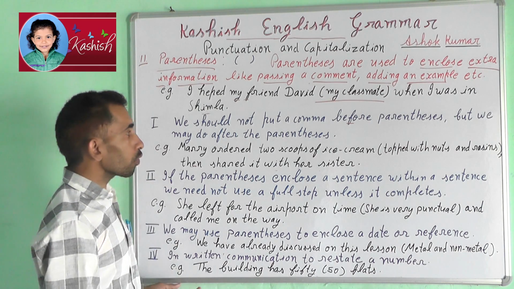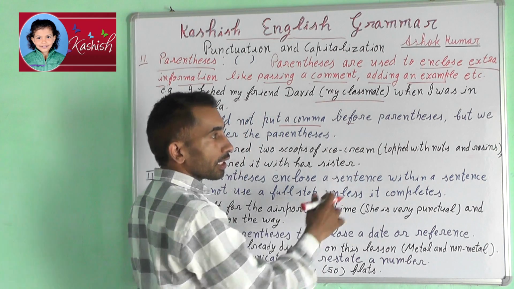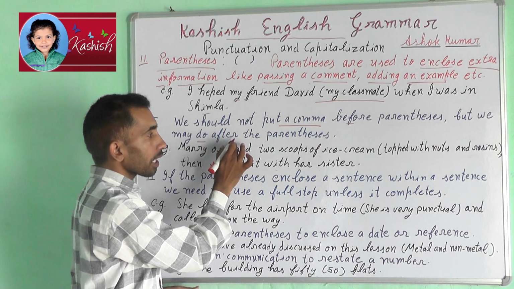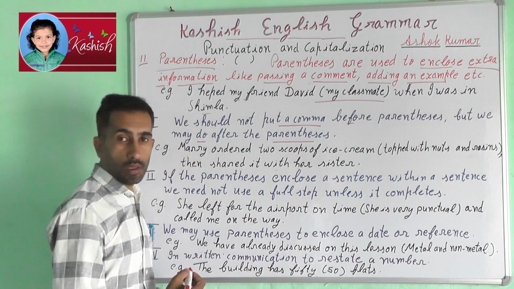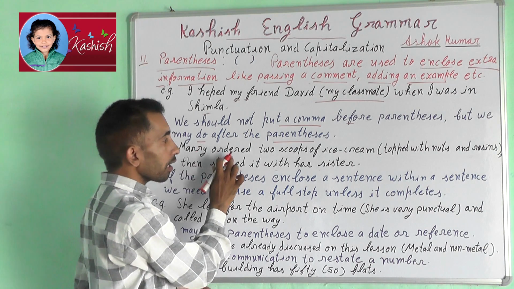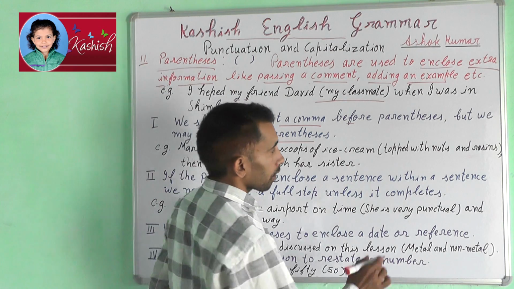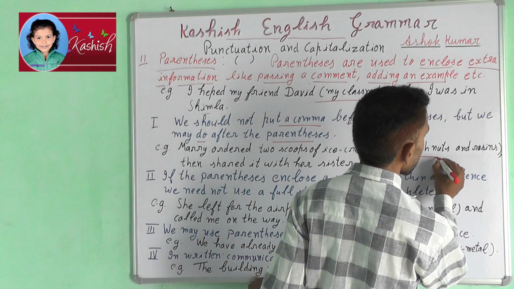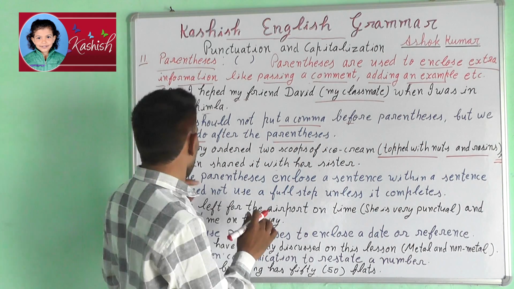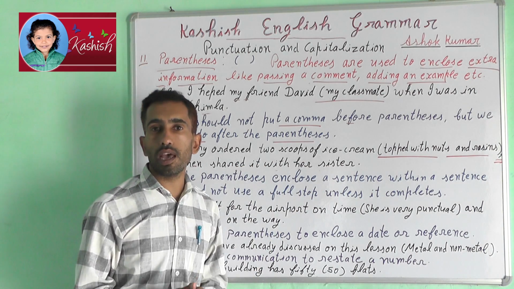First, we should not put a comma before parentheses, but we may do so after the parentheses. For example, Mary ordered 2 scoops of ice cream (topped with nuts and raisins), then shared it with her sister.